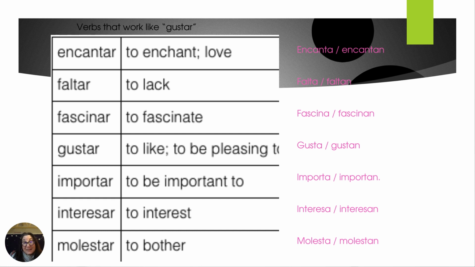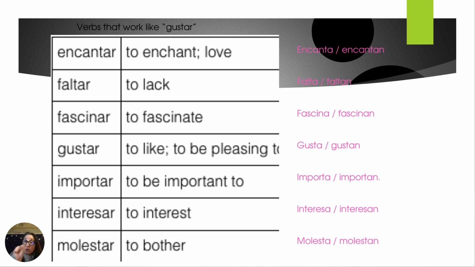Faltar, fascinar, that's kind of a cognate, right? To fascinate. Importar, to be important. Interesar, to interest, something interests you. And molestar, which means to bother. I know people get a little freaked out about that word, but it really has no other connotation than just to be annoying, to bother someone, okay?